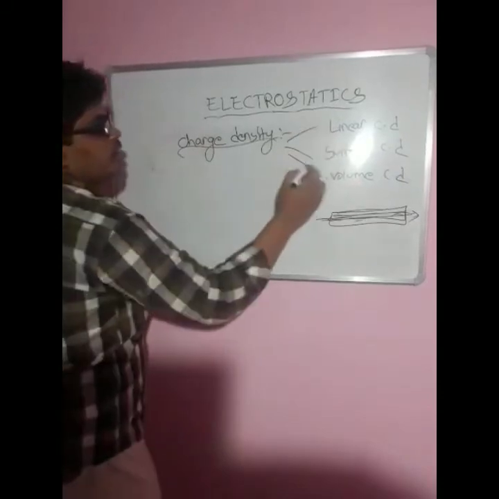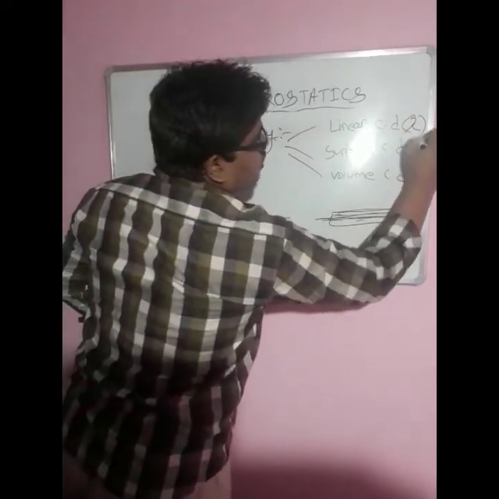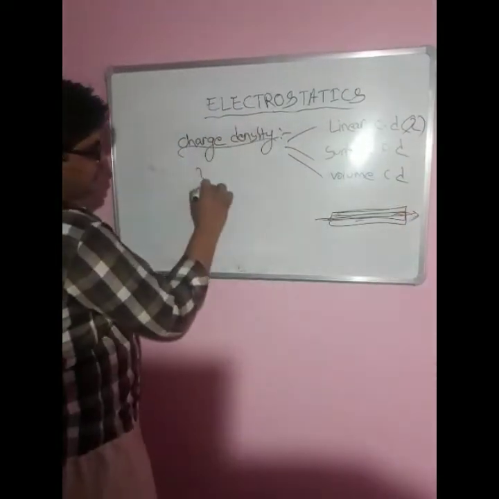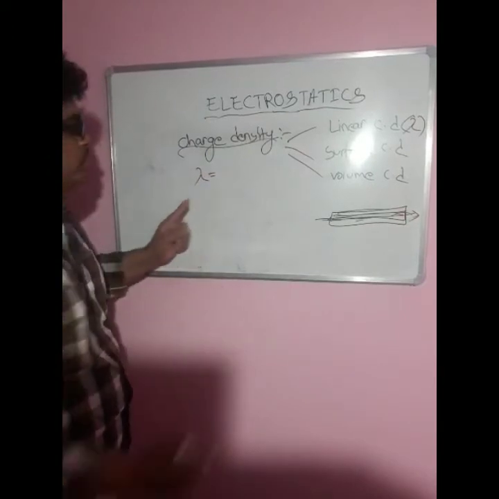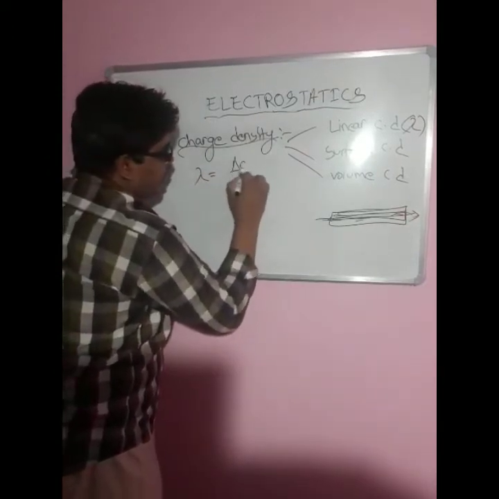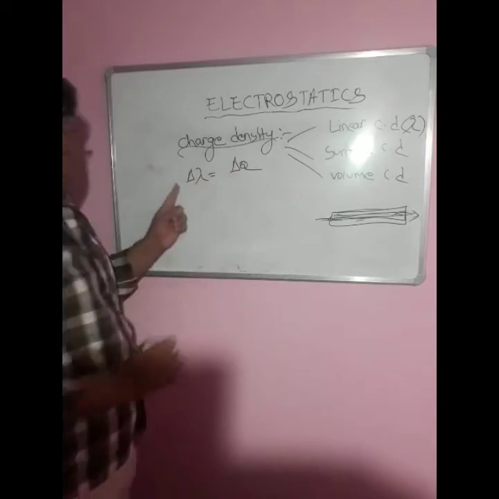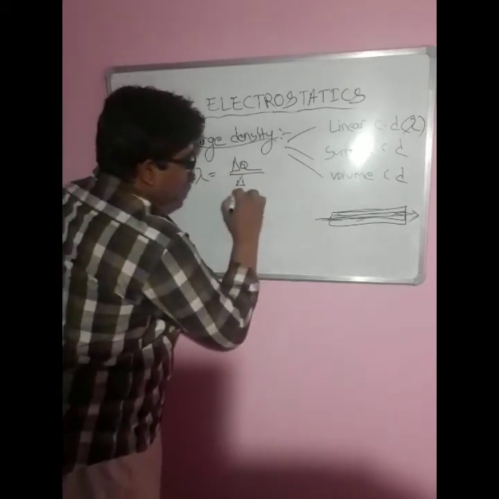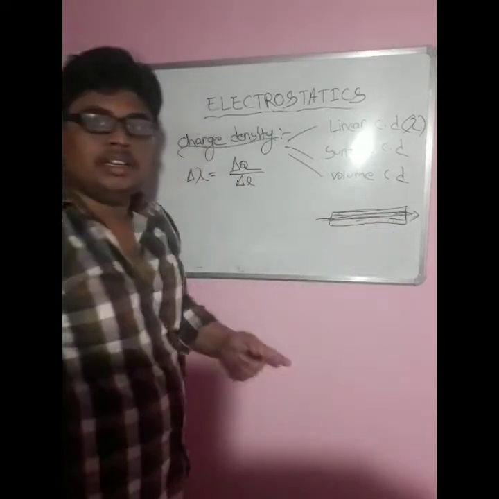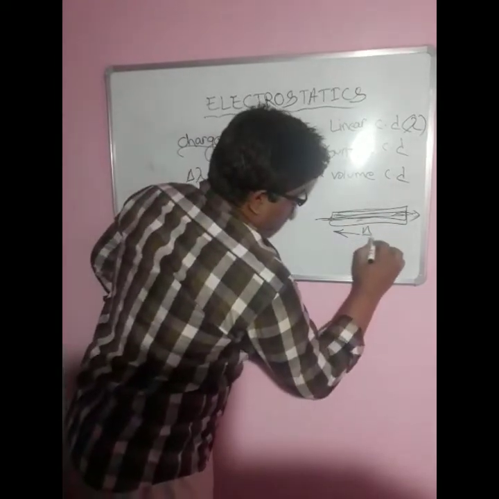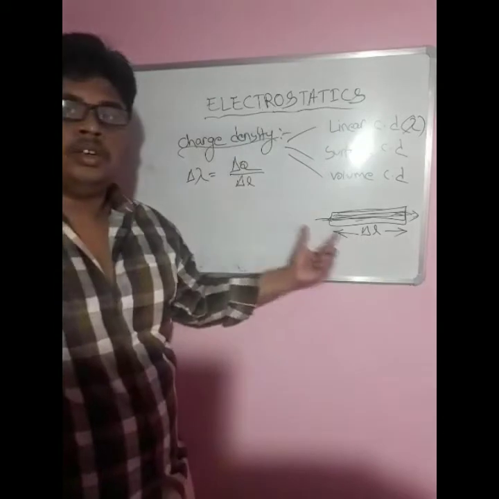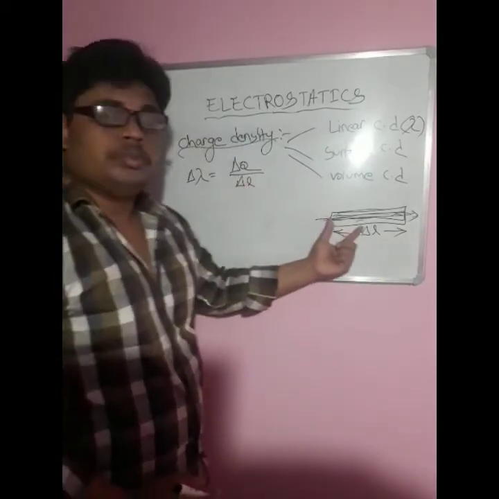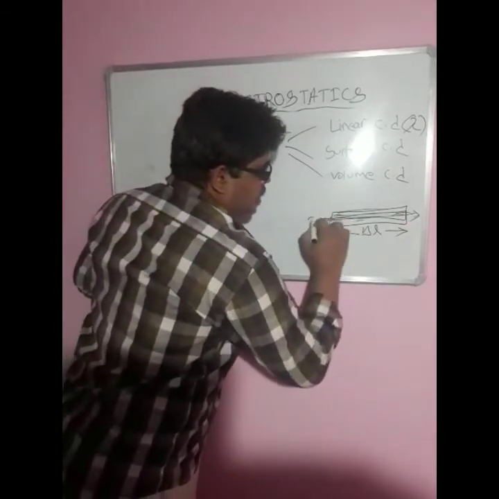See, linear charge density can be symbolized by lambda. Lambda is equal to del q by its length, means del L. Okay, see, this is del L, a small section.